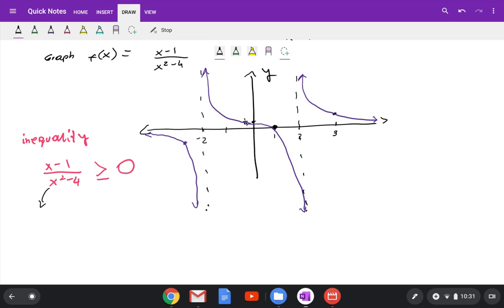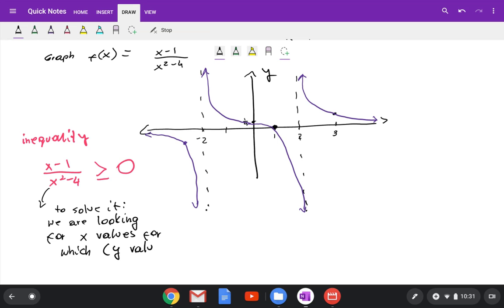So to solve it, we are looking for x values for which the function value, which means for which y values, are positive or equal to 0, right here, greater or equal to 0.